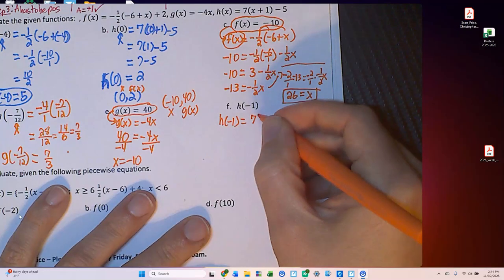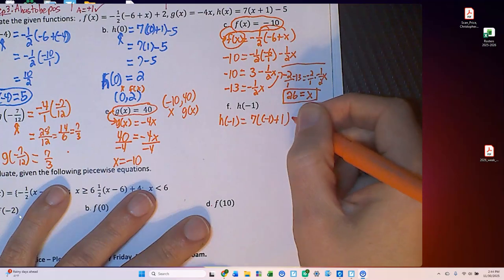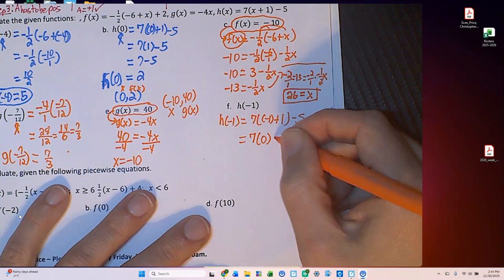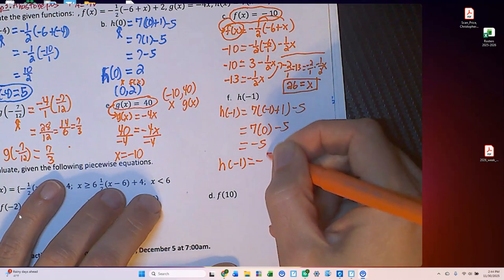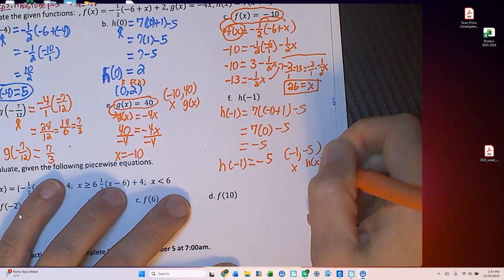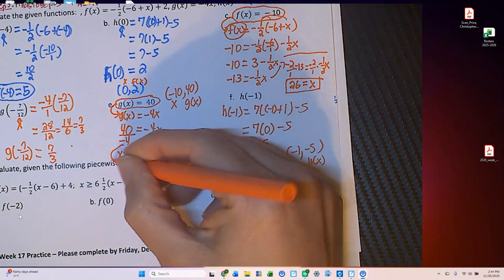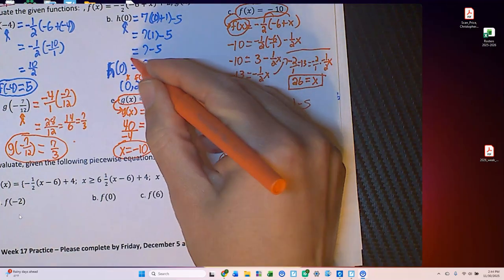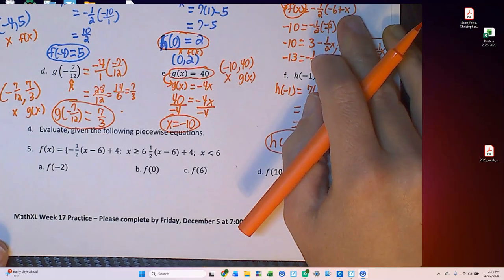Okay, we're using the h function. All right, this is a piecewise function.